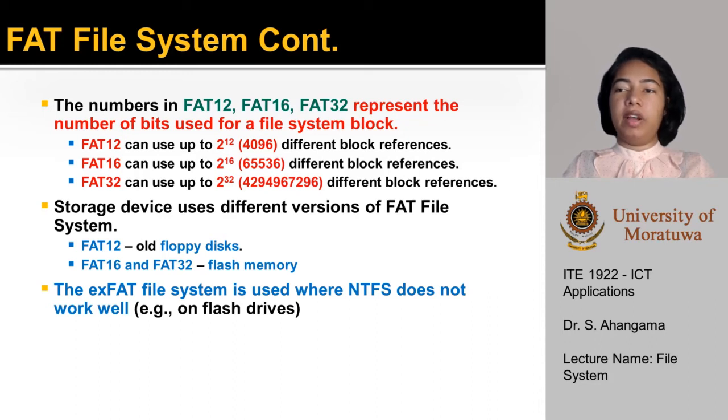FAT32 is a mature file system. Up until MS-DOS 3.30, FAT12 was the primary file system for Microsoft operating systems. The exFAT file system is a newer file system that is used in situations where NTFS does not work well.